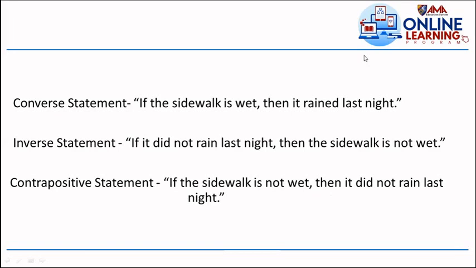Yung inverse natin, if it did not rain last night, then the sidewalk is not wet. Converse, inverse, if the sidewalk is not wet, okay? Dun sa converse, no?